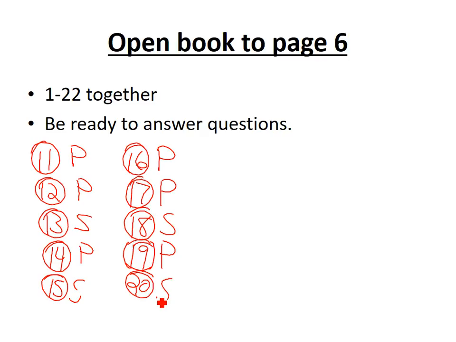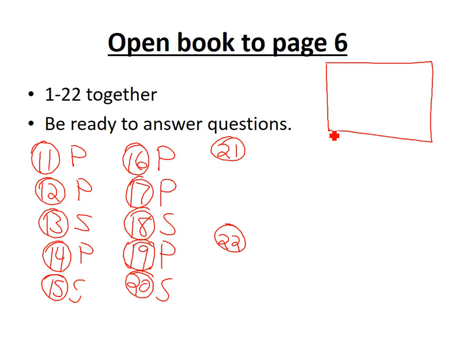In exercises 21 through 24, use the Venn diagram to identify the population and the sample. We're just going to do 21 and 22 together. Does everybody know what a Venn diagram is? A lot of times it'll look something like this.